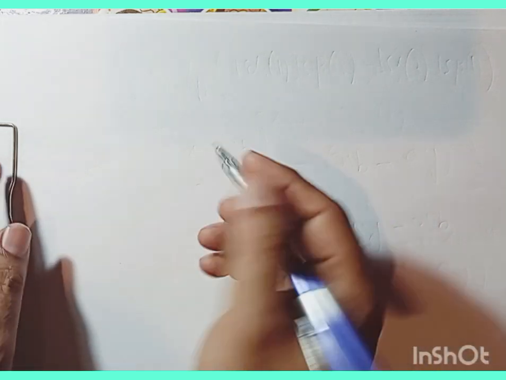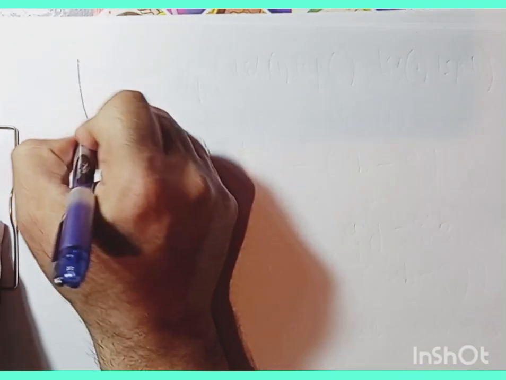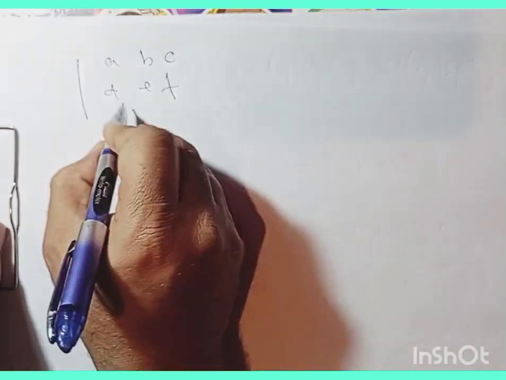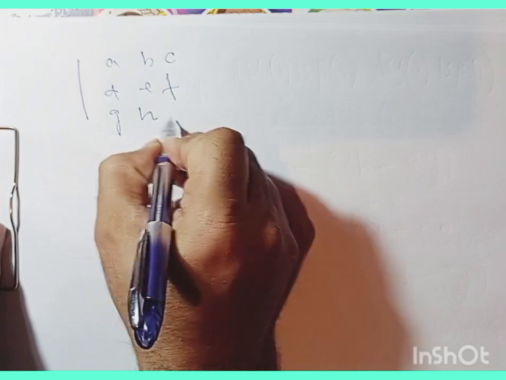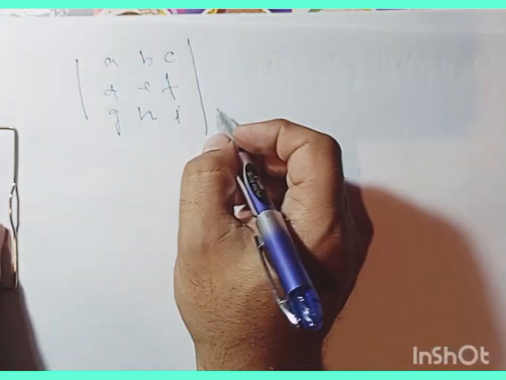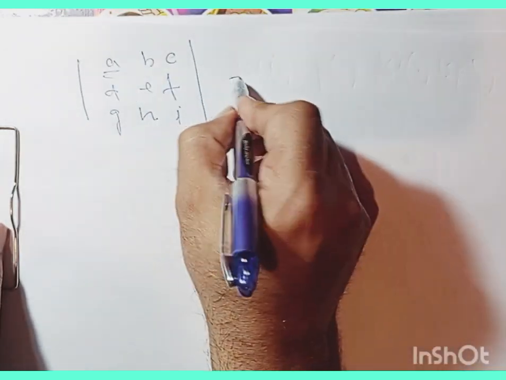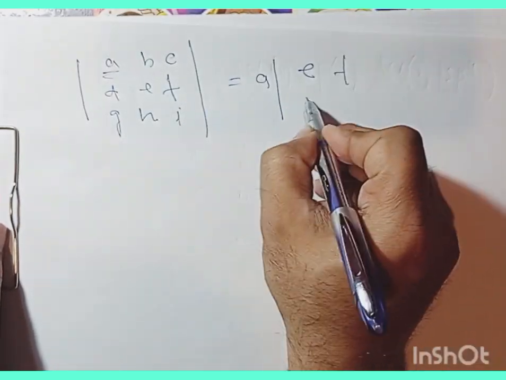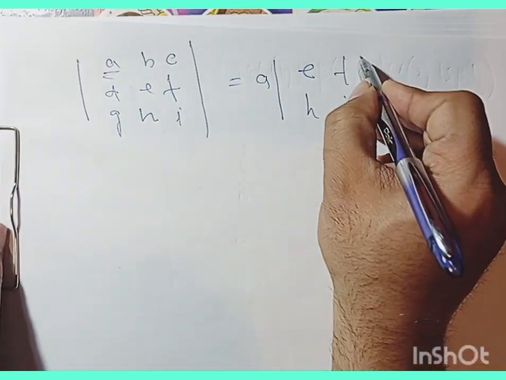Let me choose a 3 by 3 matrix. Suppose I start with a b c, d e f, and g h i. We can solve this determinant. We take a out, so this is a times the determinant of what is left: e, f, h, and i.